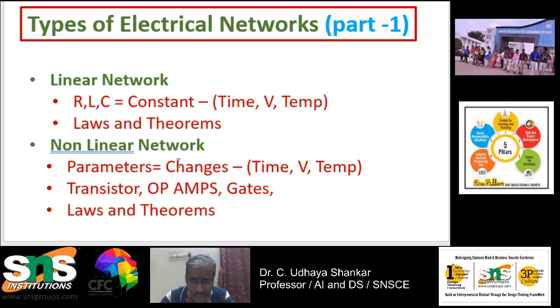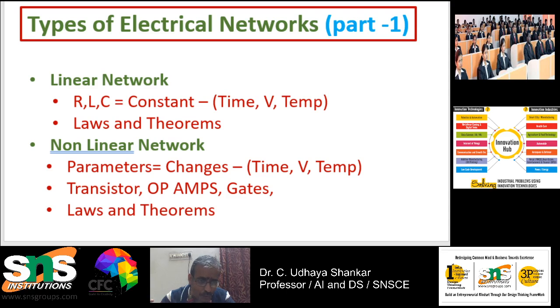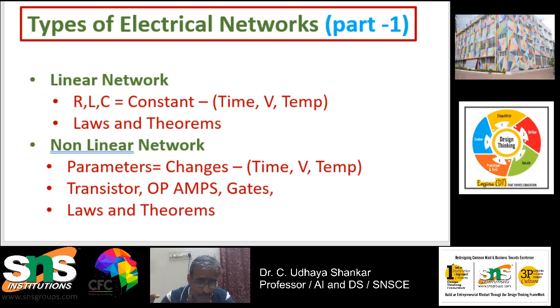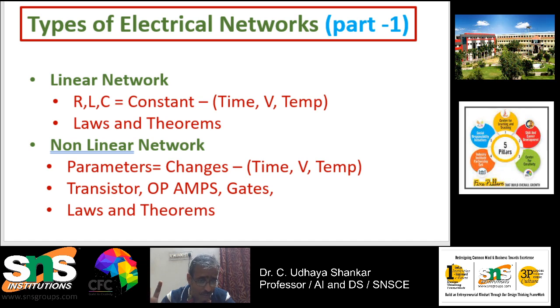What is a linear network? A linear network is nothing but, for example, a circuit having elements whose parameters are always constant, irrespective of change in time or voltage. Then that particular network is called a linear network.